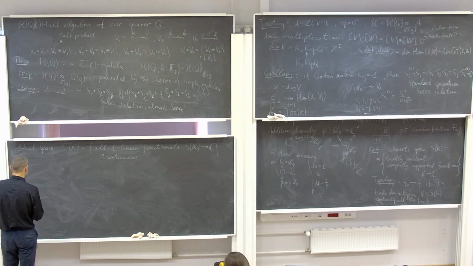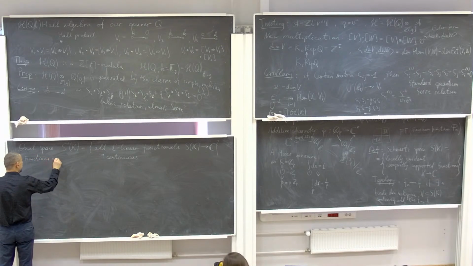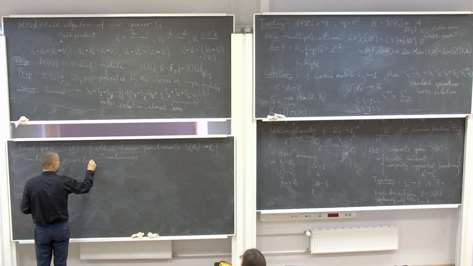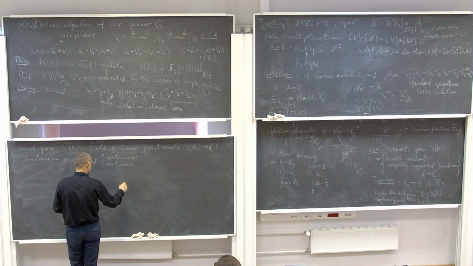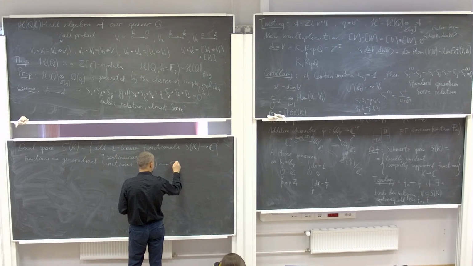Now we have an embedding of functions into generalized functions, in this particular case, the Schwarz space into the space of distributions.